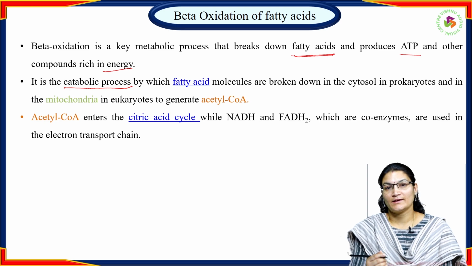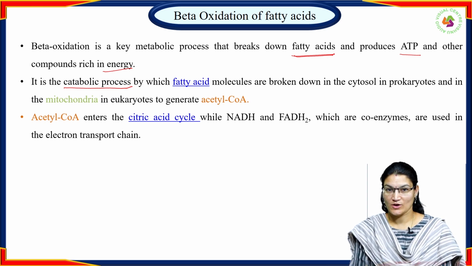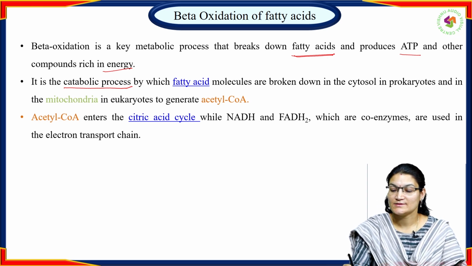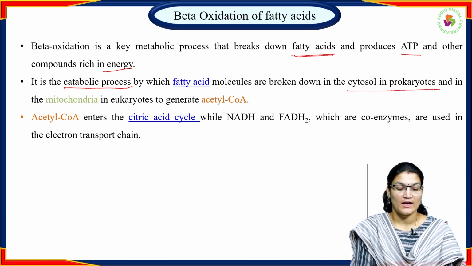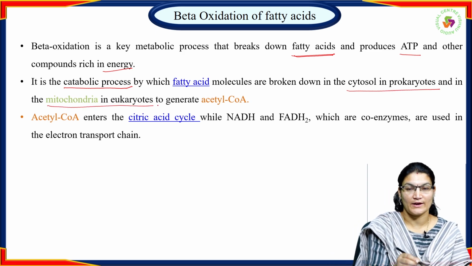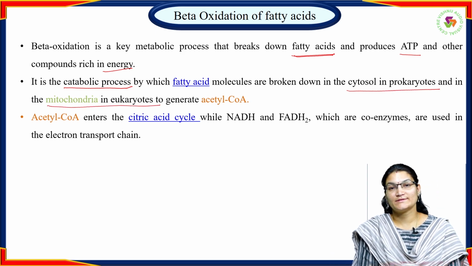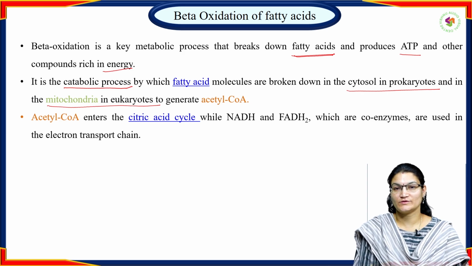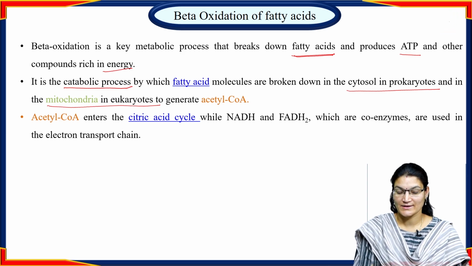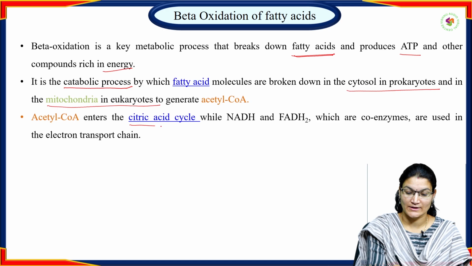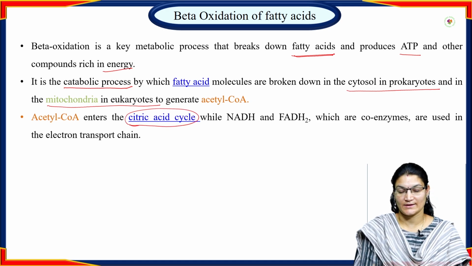This beta oxidation occurs in the cytosol of prokaryotes and the mitochondria of eukaryotes. And acetyl coenzyme A, the end product of this beta oxidation, is utilized in the Krebs cycle, also called the citric acid cycle.